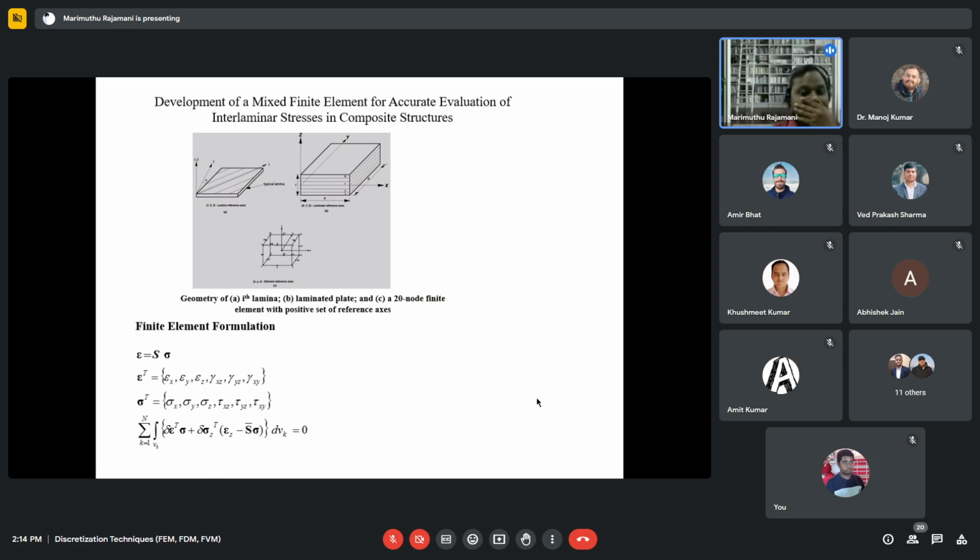Okay, now what has been done is sigma z, tau xz, tau yz have also been included as degrees of freedom. Now we will see how the whole thing is going to get converted into finite element form, the stiffness, and how it is going to change.